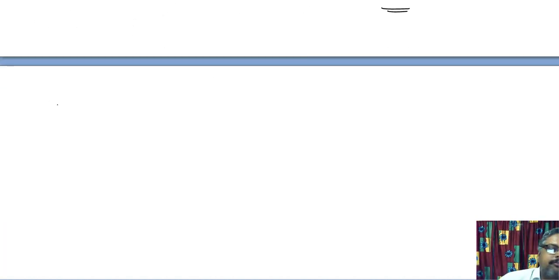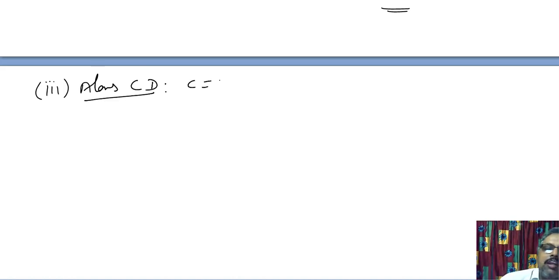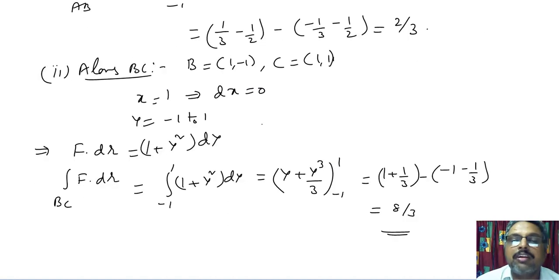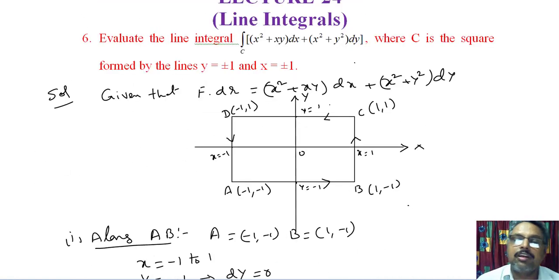Now the third one, along CD, where C equals 1 comma 1 and D equals minus 1 comma 1. Now observe this straight line.